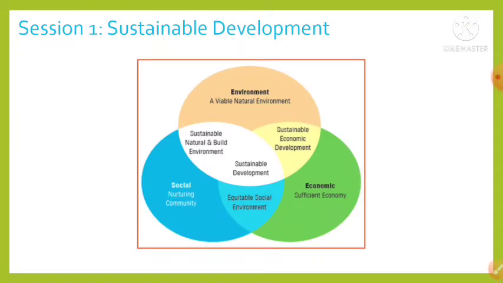Now the next point comes, that is sustainable development. Development is considered a gradual process of environmental improvement in the economic, social, political and cultural systems. The impact of development on the environment and natural resources was not considered in the initial years.